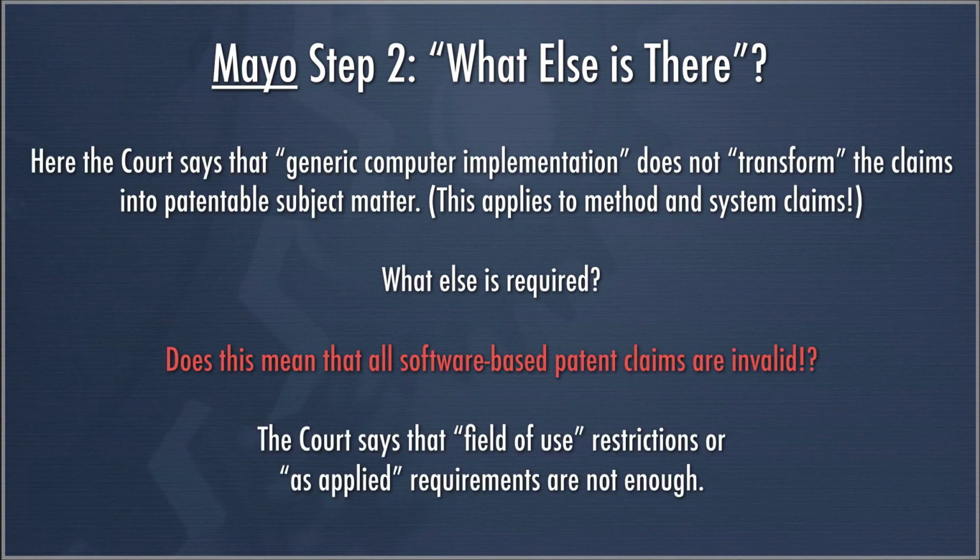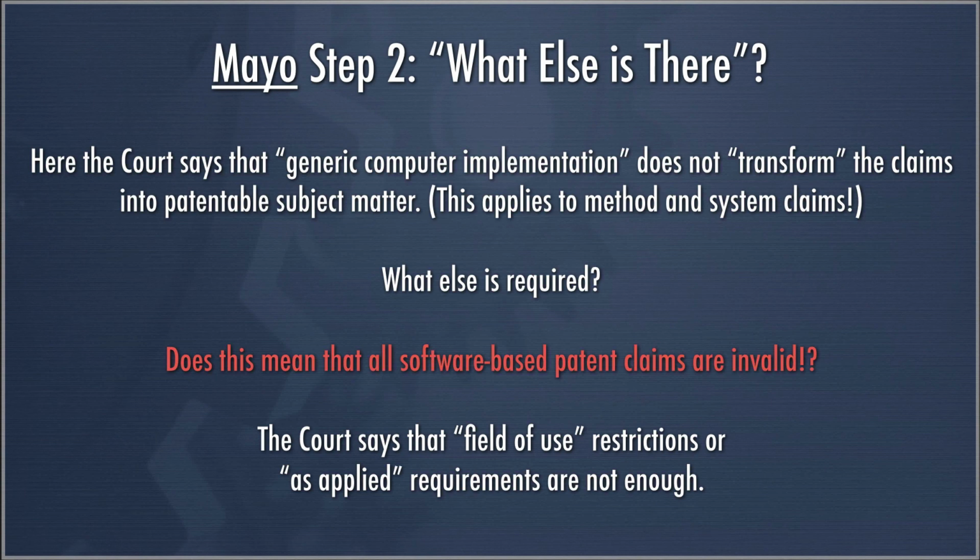So one question is, does this mean that all these software-based patent claims are invalid, right? That's the immediate thing that comes to mind when you read Alice, given that the court is very clear that a generic computer implementation does not get you out of unpatentability, and the court goes on to say the same about field of use restrictions.